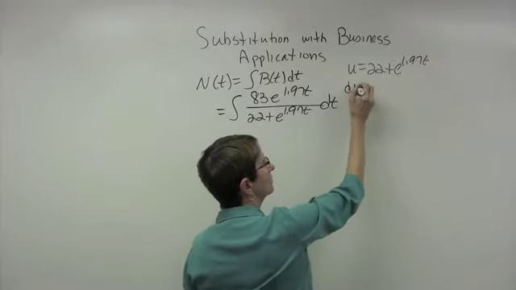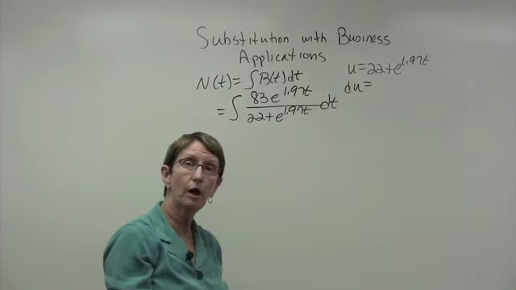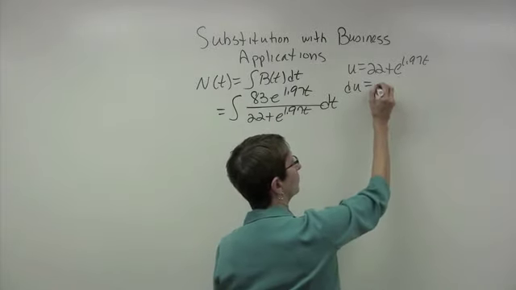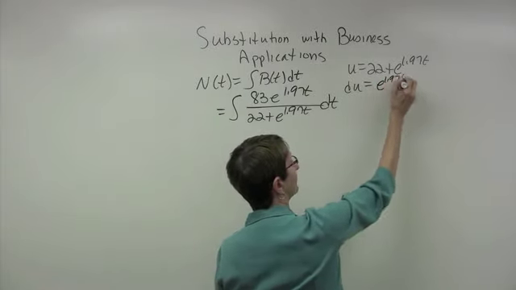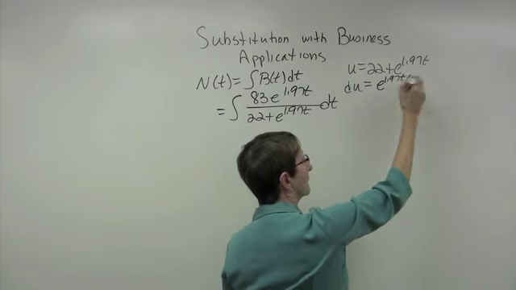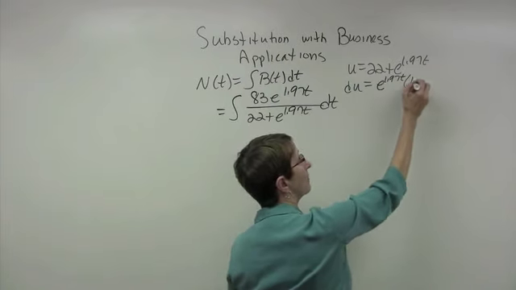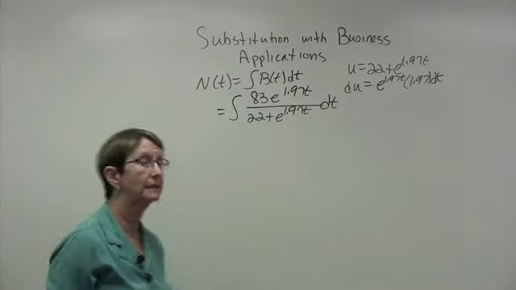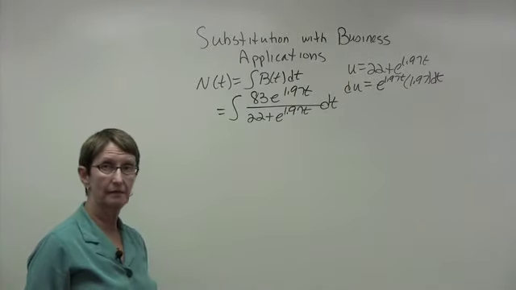And so to get du, the derivative of 22 is 0, plus the derivative of the exponential part would be e to the 1.97t. Because of the chain rule, we multiply by the derivative of the exponent, which is 1.97, and then put the dt on the end.